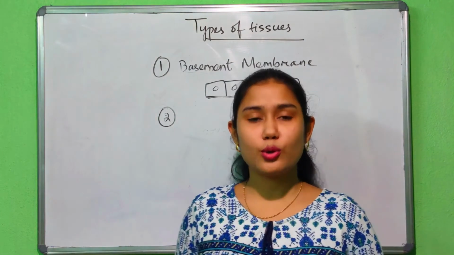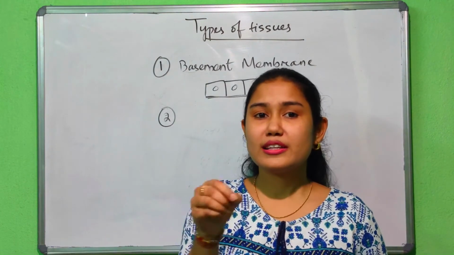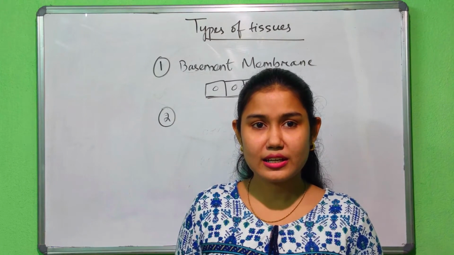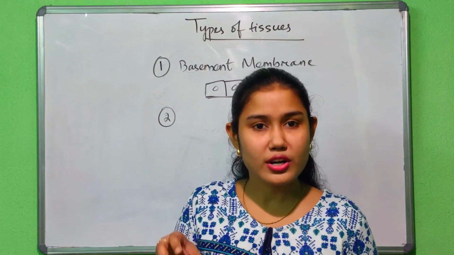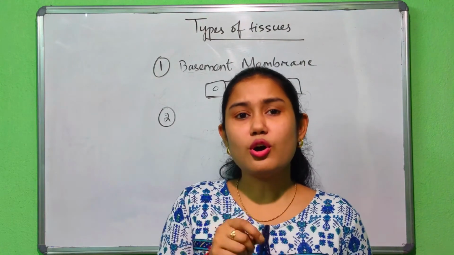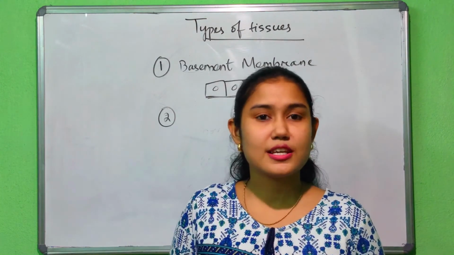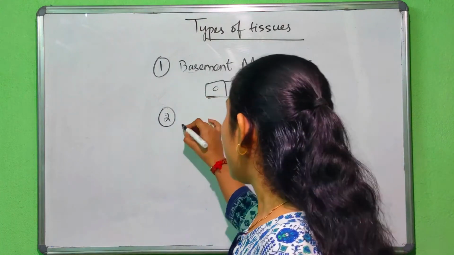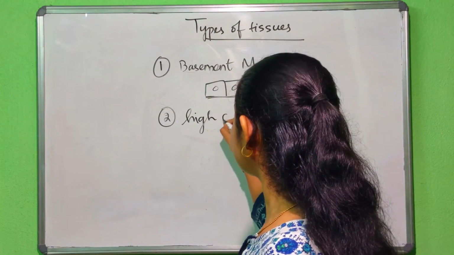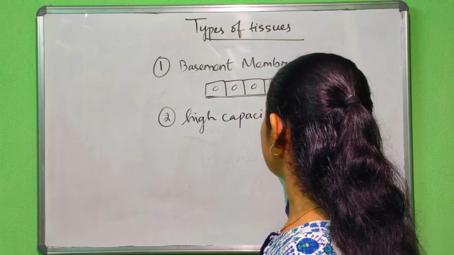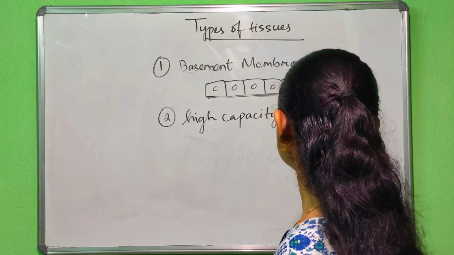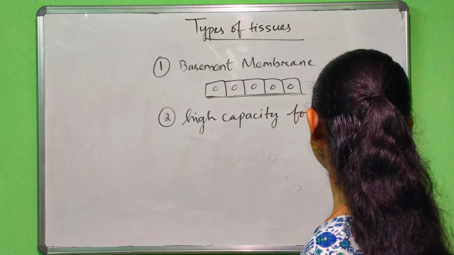Now come to the second point. As I have already told, these epithelial tissues are present on the lining of the body surfaces, right? So they are always subjected to wear, tear, as well as injury. So they have a high capacity for renewal. Clear?